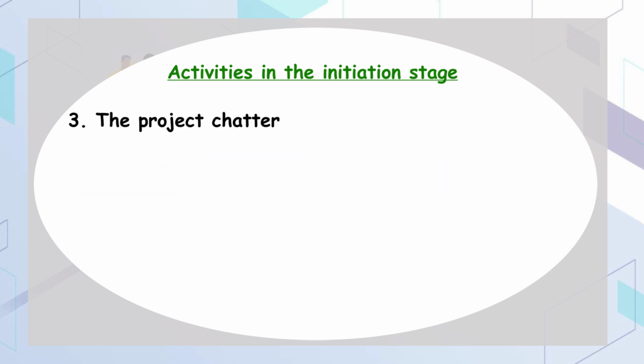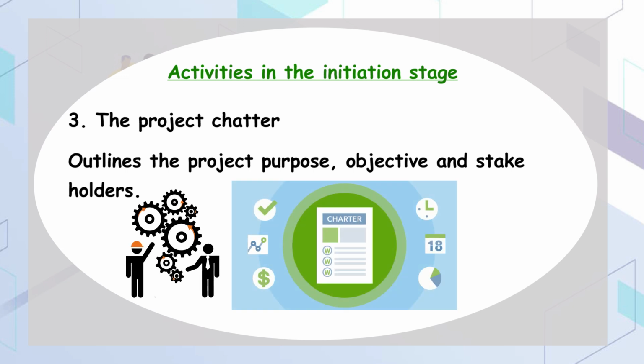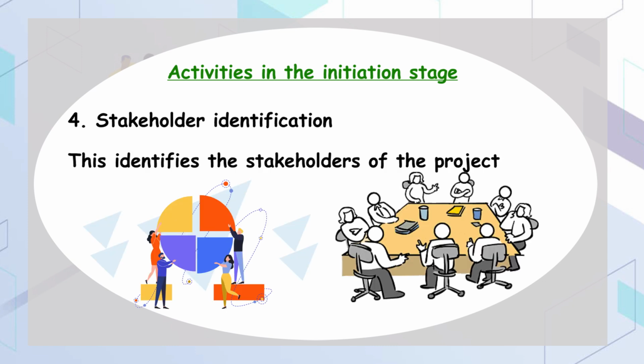Third, under initiation, we have the project charter, which outlines the project's purpose, objectives, stakeholders, and the key milestones that we are to achieve in the project. Fourth is stakeholder identification, where we identify the stakeholders involved in the project, including clients, contractors, engineers, and regulatory bodies.